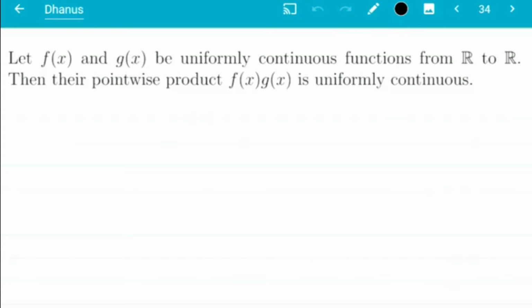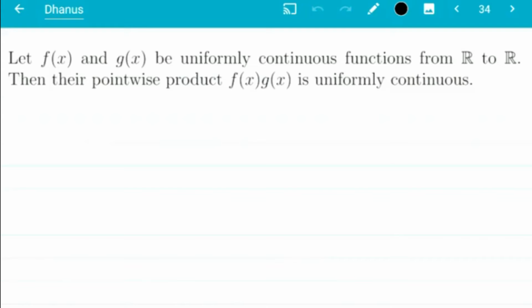And this is also a simple question: f is a uniformly continuous function and g is also a uniformly continuous function from R to R. Then their pointwise product f(x) times g(x) is uniformly continuous.